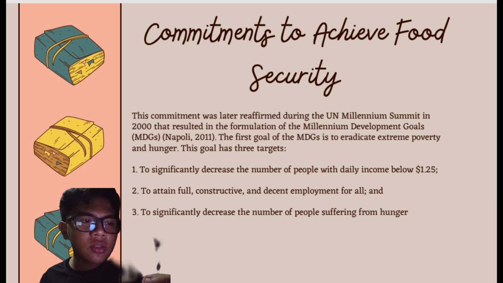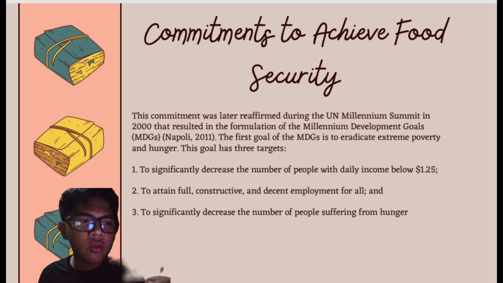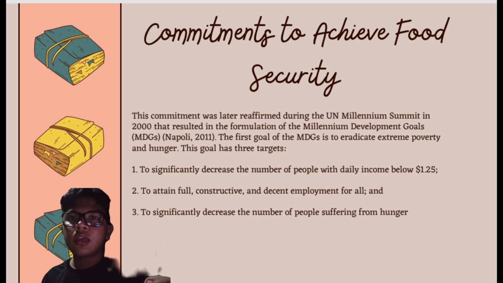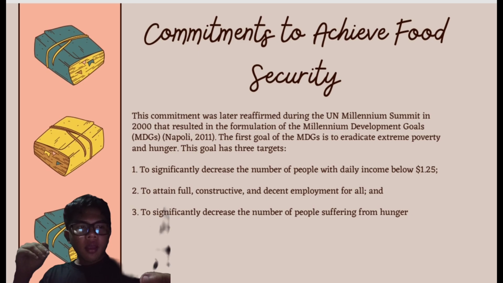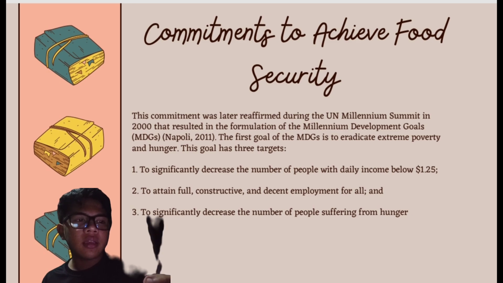The second is to attain full, constructive, and decent employment for all, and the third is to significantly decrease the number of people suffering from hunger. So these goals were made to eradicate or solve food insecurity.